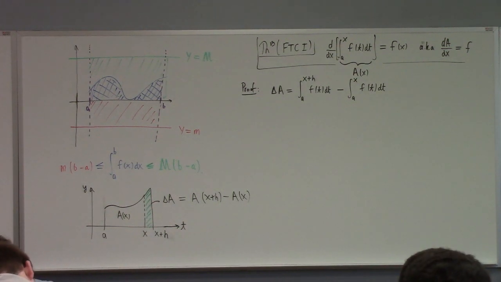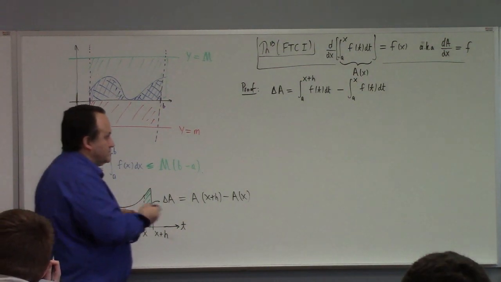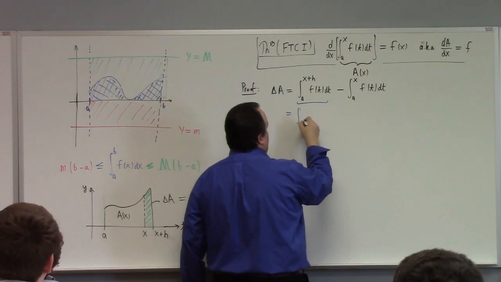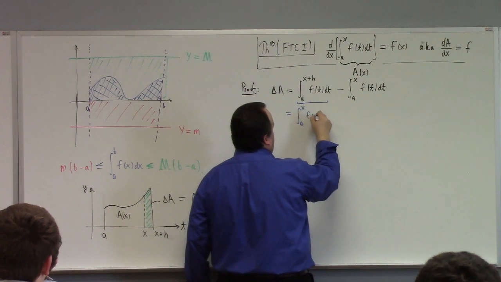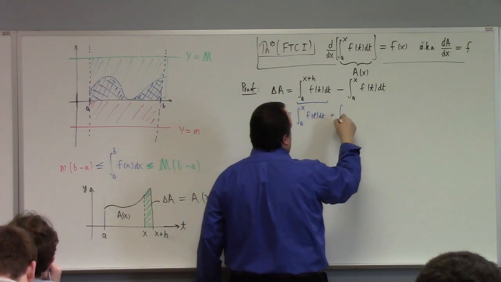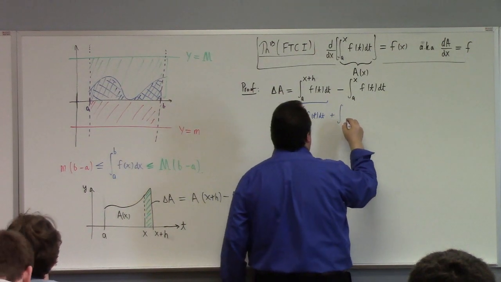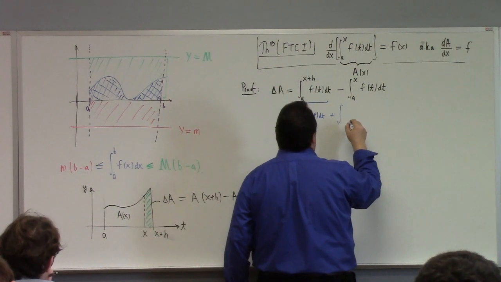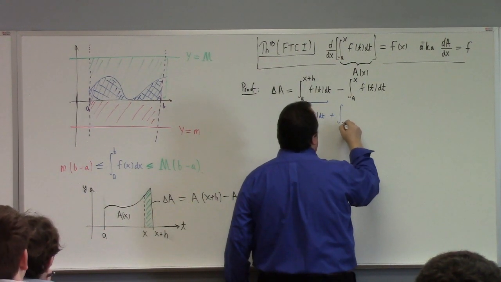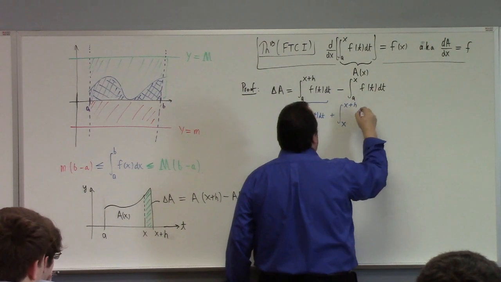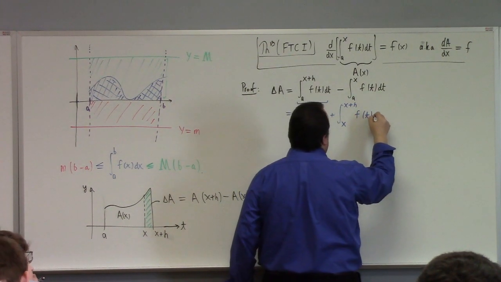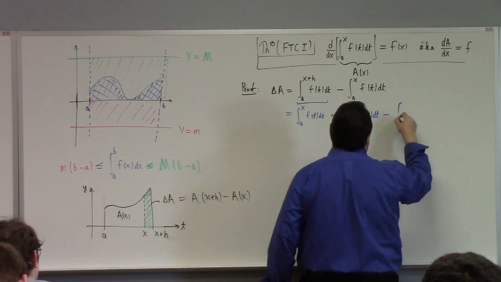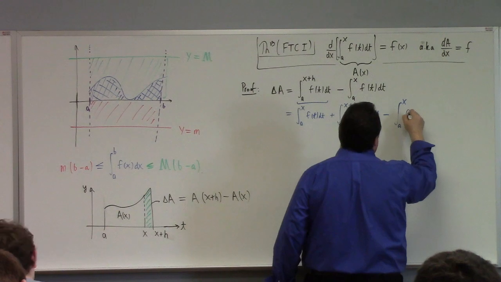See, because this right here, we can trade for the integral from a to x of f of t dt, plus the integral from x to x plus h, I'm a dummy, of f of t dt. If I drew a picture, it'd become more obvious, but anyway, there it is. Minus the integral from a to x of f of t dt.